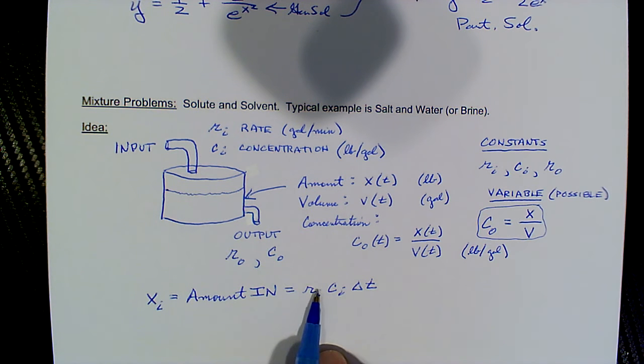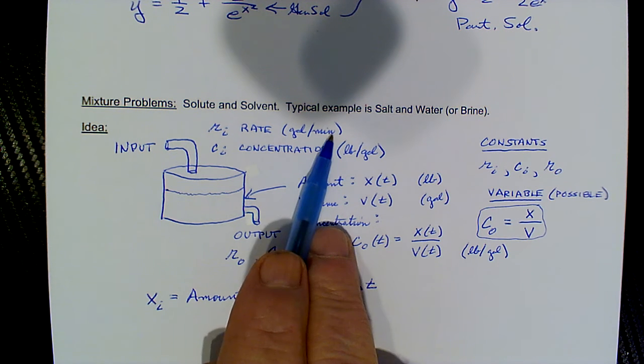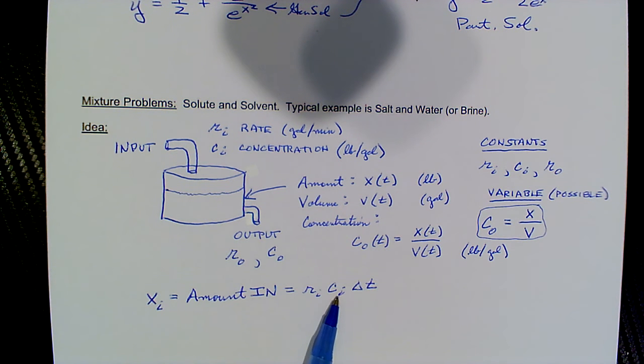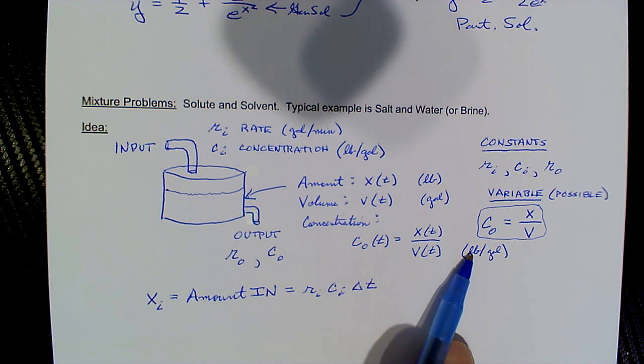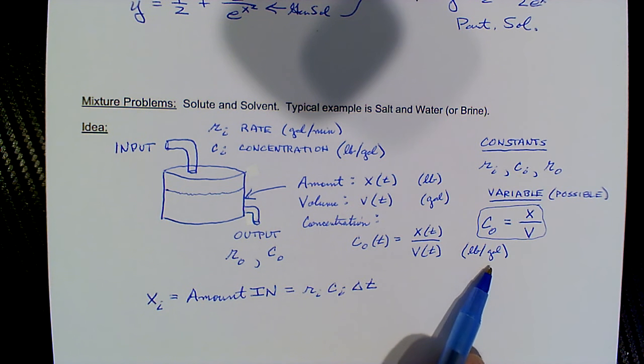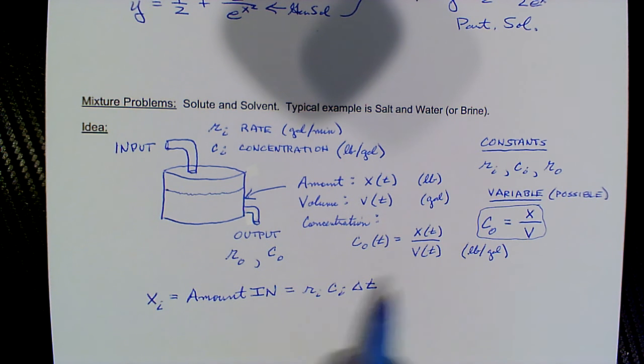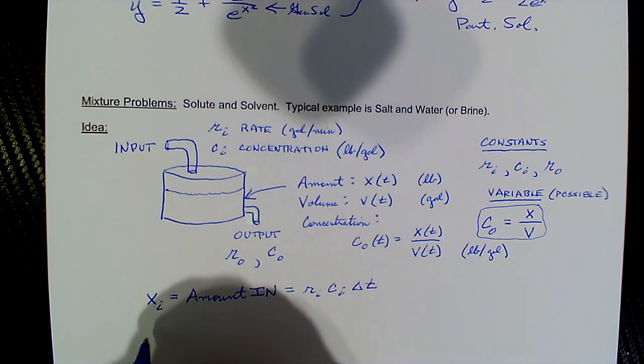So you've got your rate, which is in gallons per minute, times the concentration, which is in pounds per gallon, so the gallons cancel, and times your change in time, which let's say is in minutes, and so we just get pounds. So that's the amount coming in.